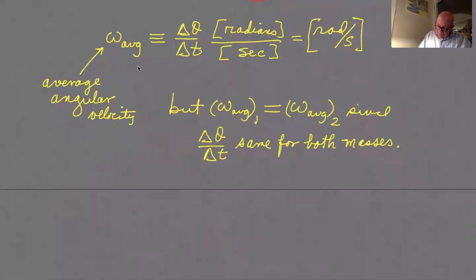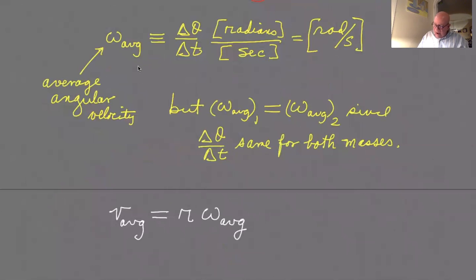So we get then that V average is going to be equal to R times omega average.